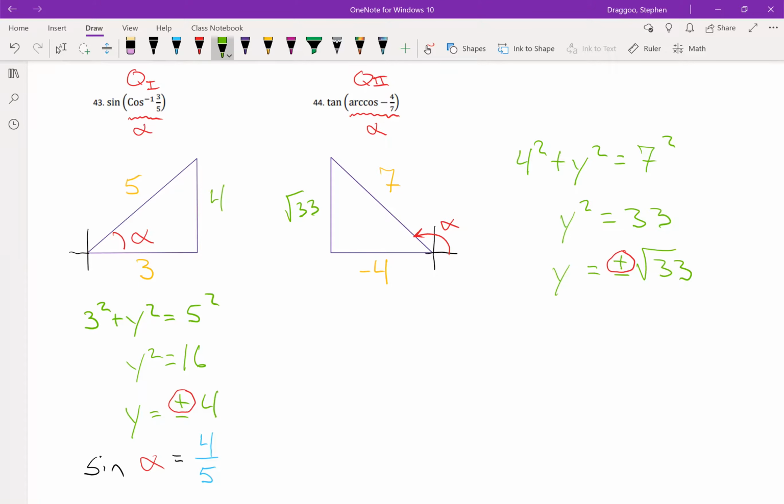So square root 33, that opposite side. Come back to answer the original question. I want the tangent of alpha, and tangent is opposite over adjacent. So we should be looking at negative square root 33 over 4.